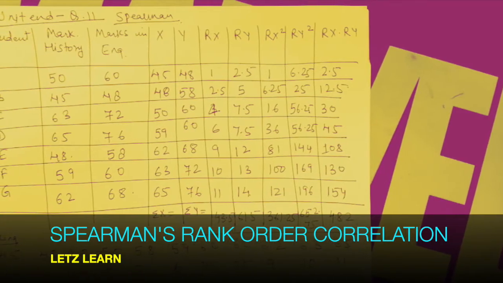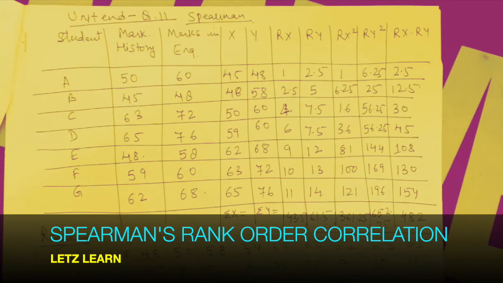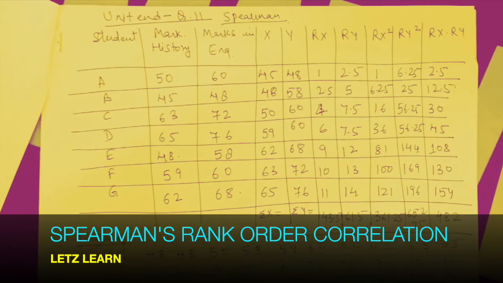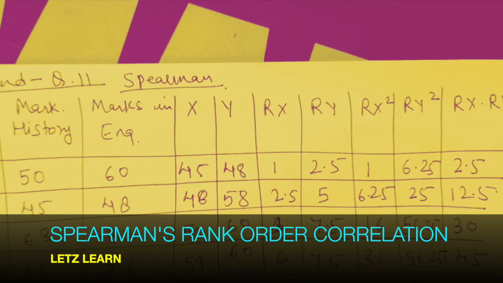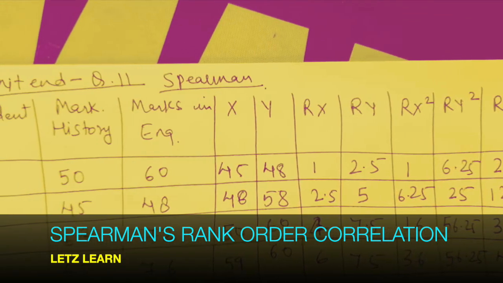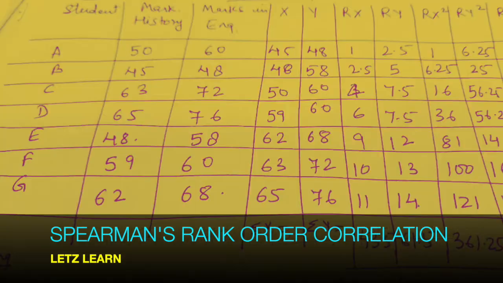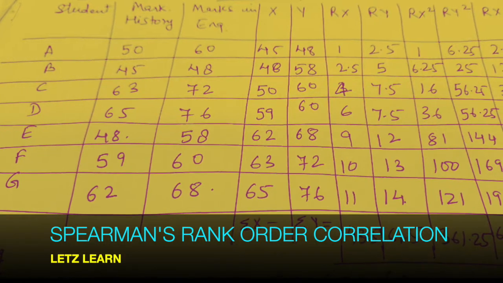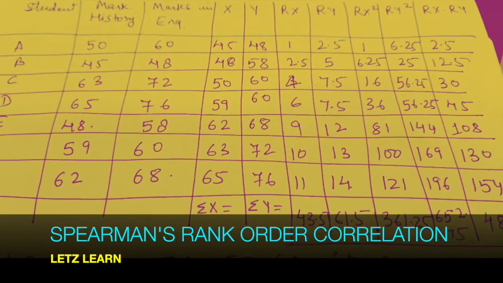I have taken a very easy and simple example where we are trying to find the correlation between 7 students' marks in history and marks in English. You can quickly go through the calculation here, and after you go through it, we are going to solve it one by one, column by column.